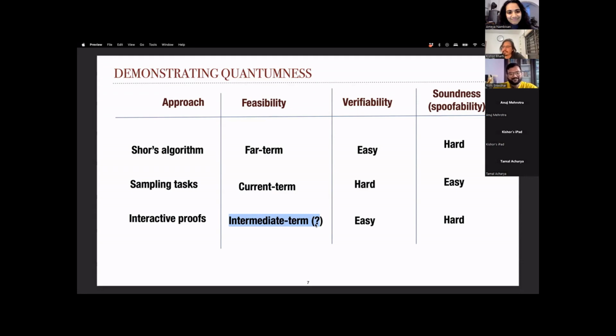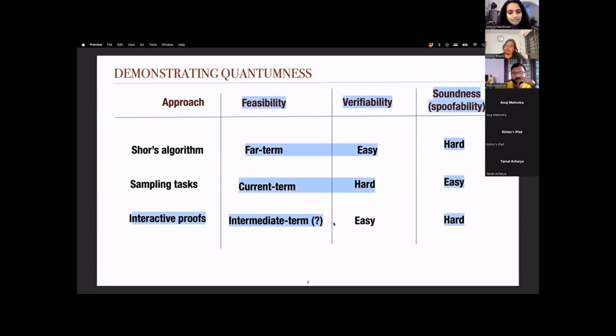Cool, thanks. I think it depends, from what perspective, what one wants to learn. If one wants to learn the nuances of proving and demonstrating quantumness, then interactive proofs are, I would say, a beautiful direction.